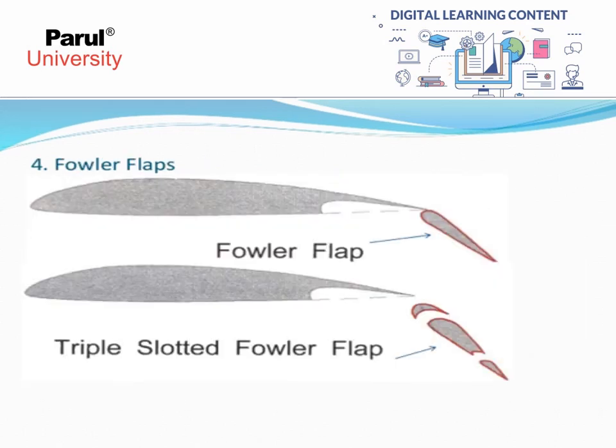Now the fourth is the Fowler flap. In Fowler flaps, we can see the extension of the lower portion of the trailing edge. In the triple slotted flaps, we can see three portions on the lower portion of the trailing edge extended far away from the airfoil, right? Or from the wing.